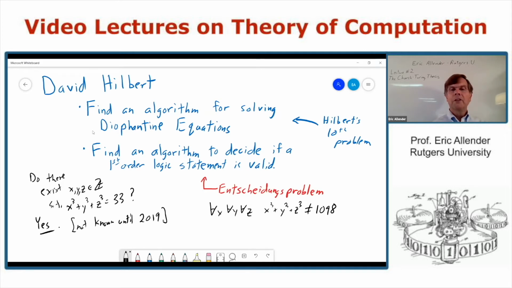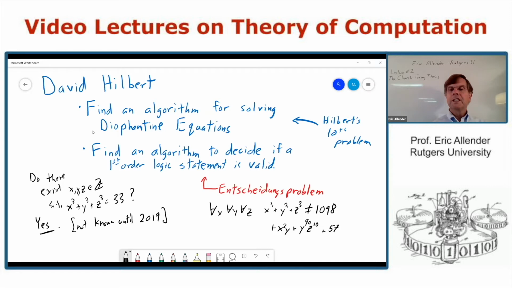So, if you have x, y, and z, then we might also have some terms, maybe plus x squared y, or plus y to the 90th, z to the 10th. You can have all kinds of terms, just anything you can write down that looks like a polynomial with integer coefficients.